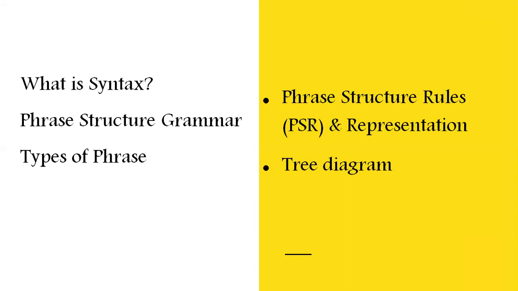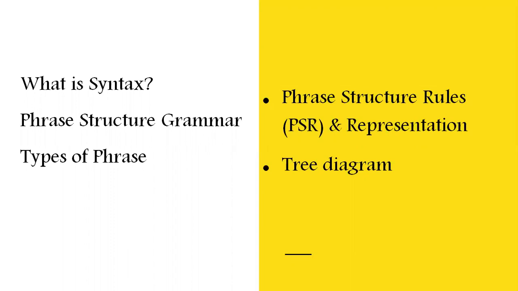In our next interaction we'll discuss the remaining two points, and those are phrase structure rules and representation in bracket. PSR is a short form of phrase structure rules. And in conclusion, we'll talk about how to draw tree diagrams for phrases, which is a very important part of phrase structure grammar.